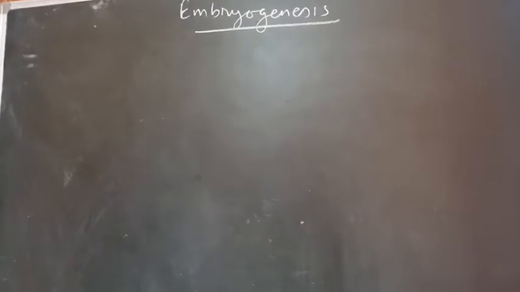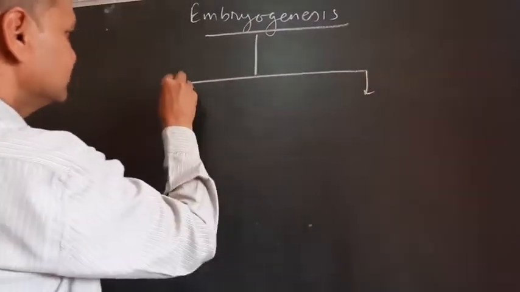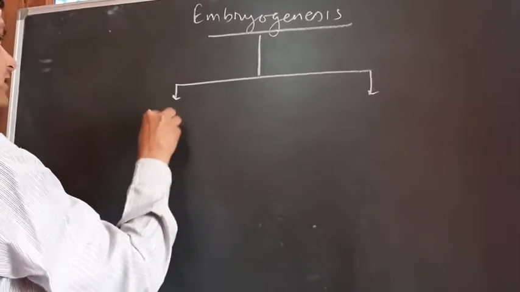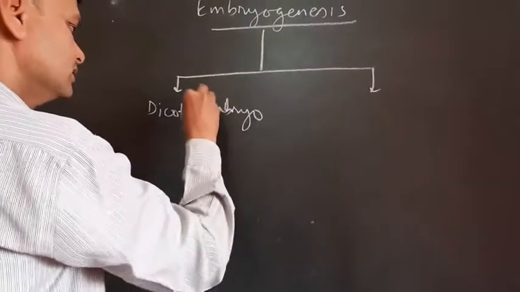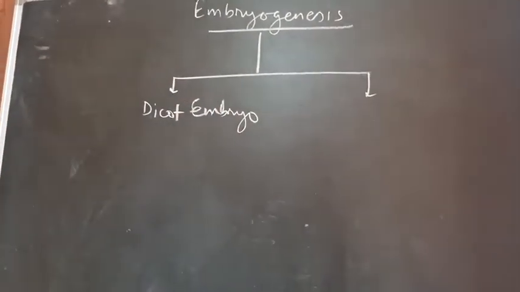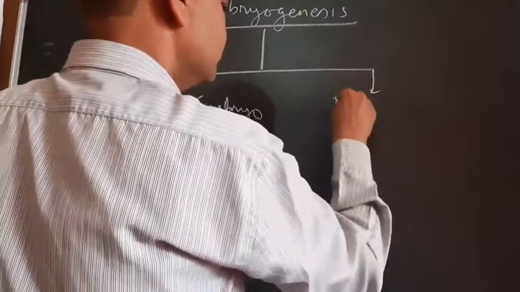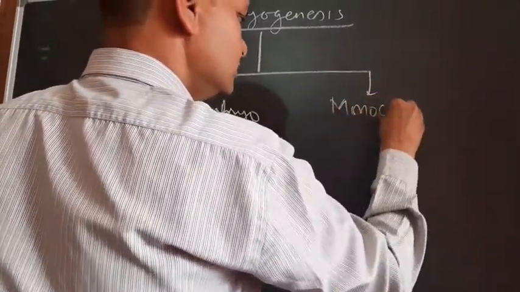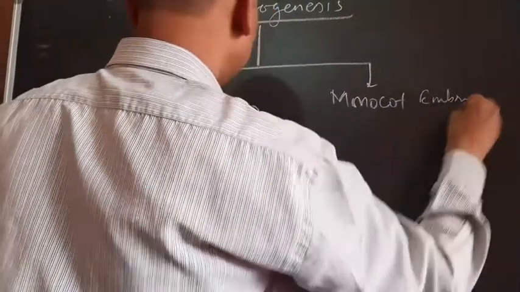there are two types of studies, one in the case of a dicot embryo. This we have completed, the dicot embryo, and the next one is in the case of a monocot embryo, development of monocot embryo.